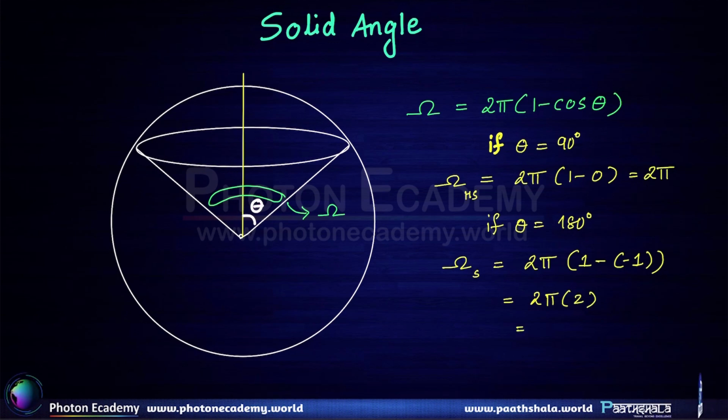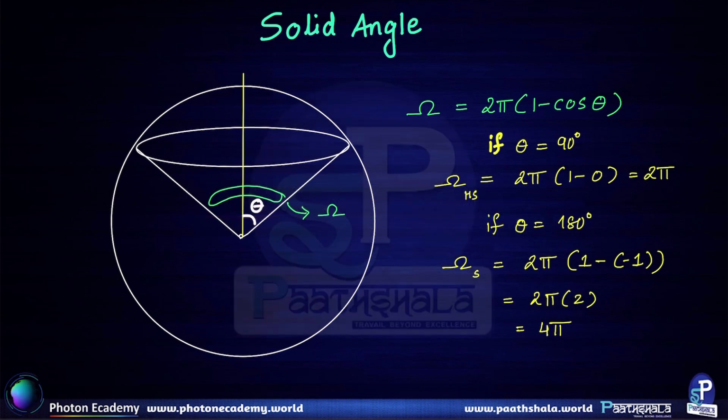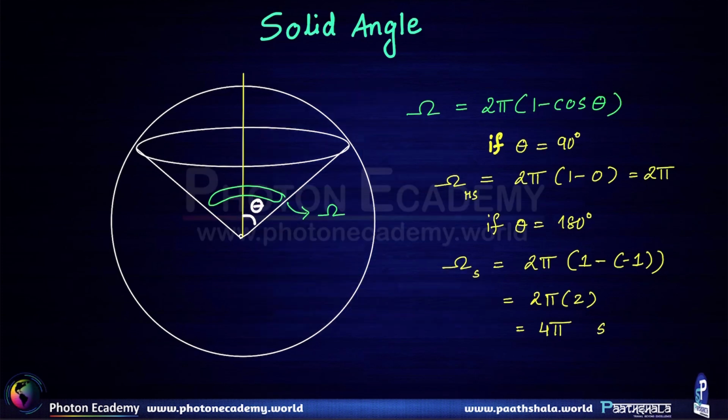So 2 pi times 2 is what? 4 pi. And thus we have the solid angle for the entire sphere is given as 4 pi. And for the hemisphere, it is 2 pi. So solid angle is measured in the units of steradians.